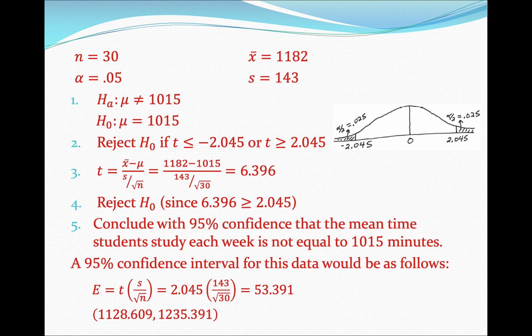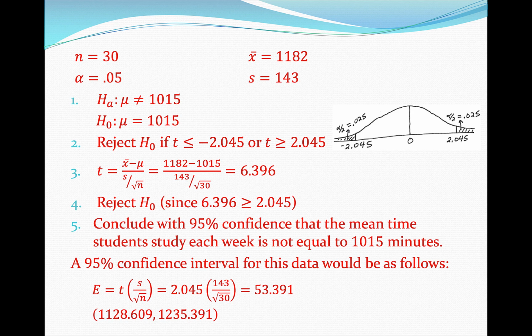Well, if you look at that confidence interval, what you'll notice is the confidence interval and the outcome of the hypothesis test are always going to be consistent. The value that we tested in the hypothesis test, 1015, is not in that interval. That entire interval is above the value of 1015. 1015 would be to the left of those two values on the real number line.